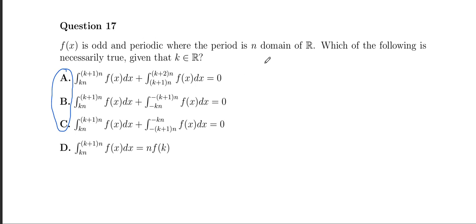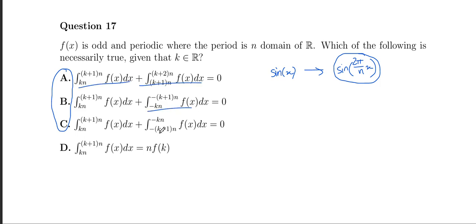So odd and periodic. So that's a function like sine of x. Now, a period of n would actually make it sine of 2 pi over n x. And if you substitute f of x into any one of these 6 integrals, they will all equal 0, which makes every single one of these statements equal to 0.